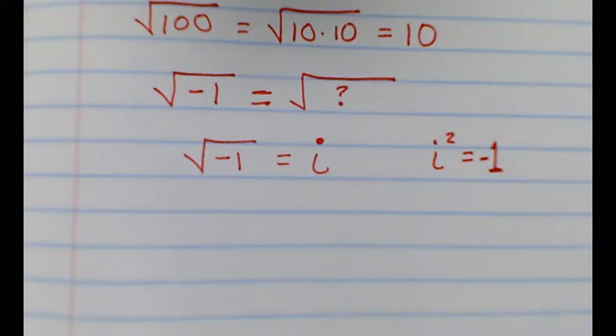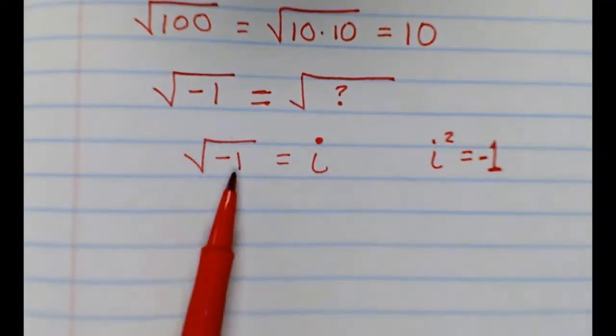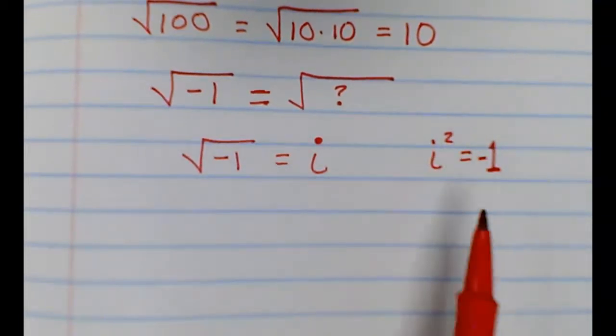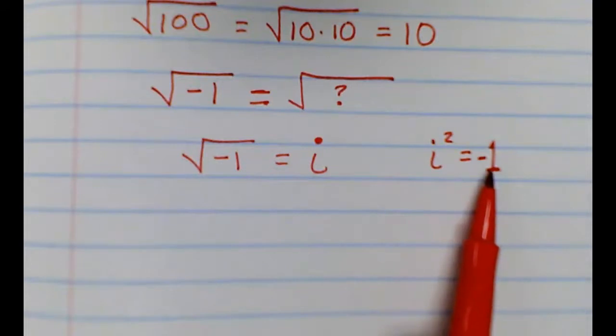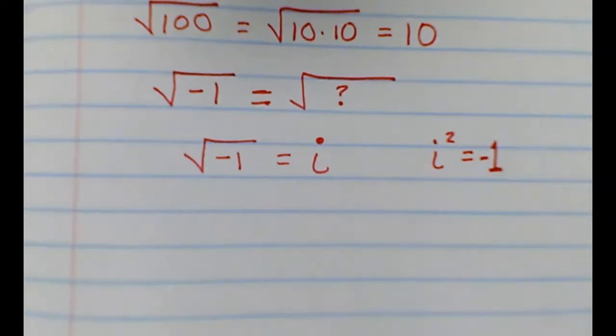You are trying to make it more complicated than it is. It is a definition. i is by definition the square root of -1. i squared is by definition equal to -1. And then, just like any other kind of number, you can add and subtract and multiply and divide these numbers.